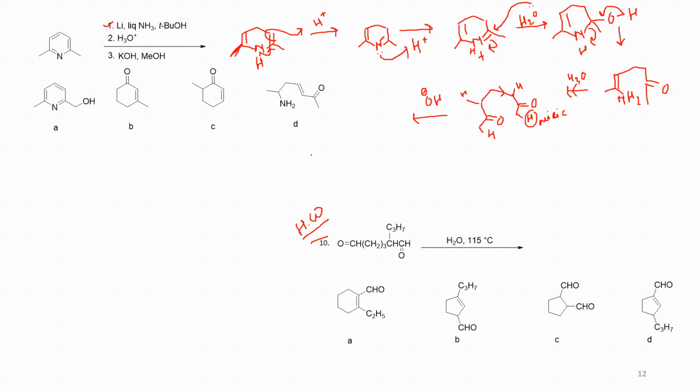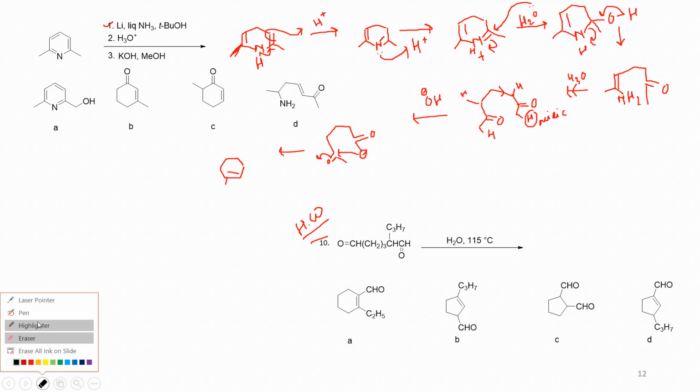So this will get abstracted, forming this minus, that center will attack here and open up, and through elimination of water, it will form this product. It will form this as our product.